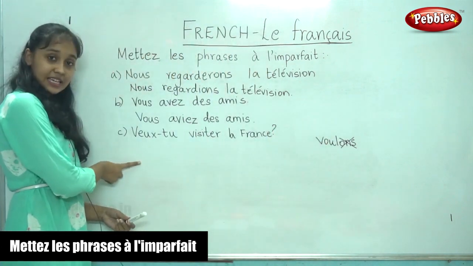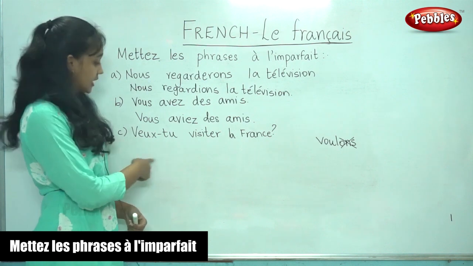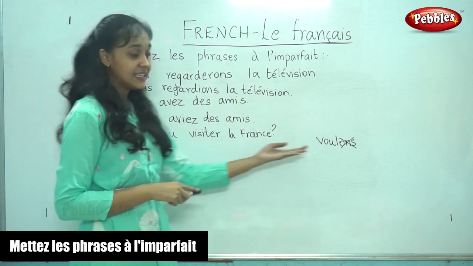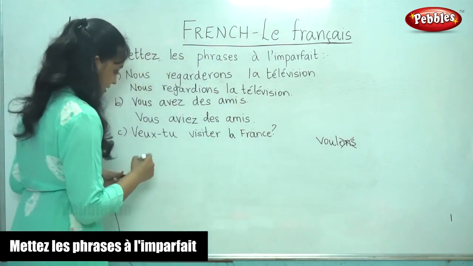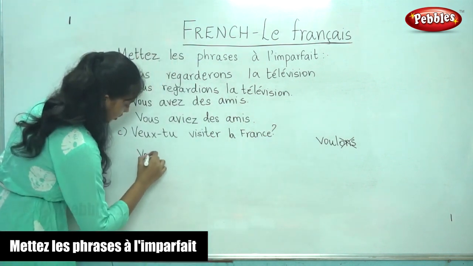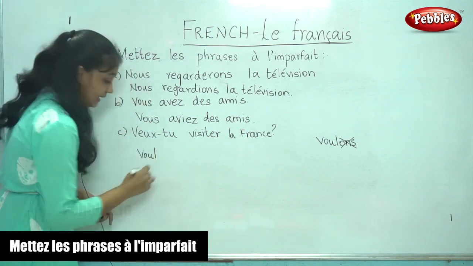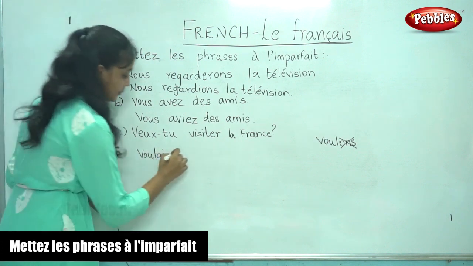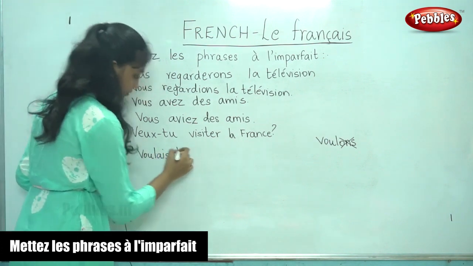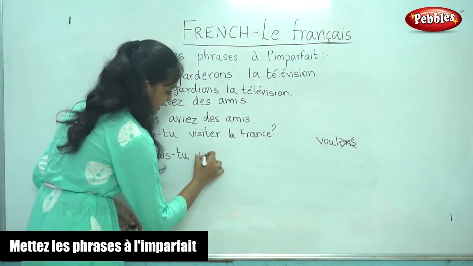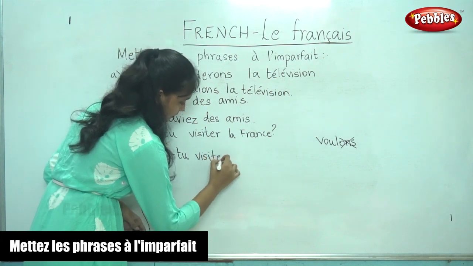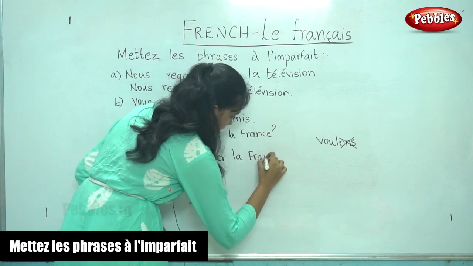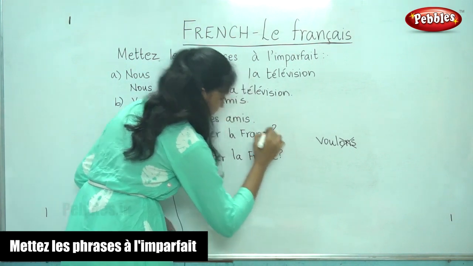And in this case, what is the subject? It is tu. So for tu, the ending is ais. So voulais. Tu voulais, and we write the sentence as it is. Visiter la France.